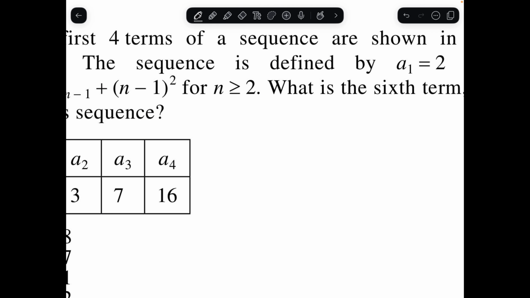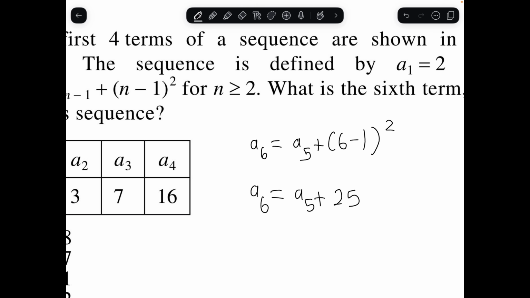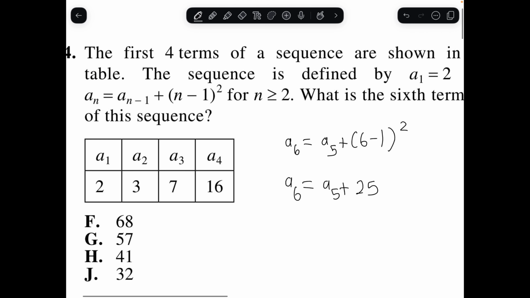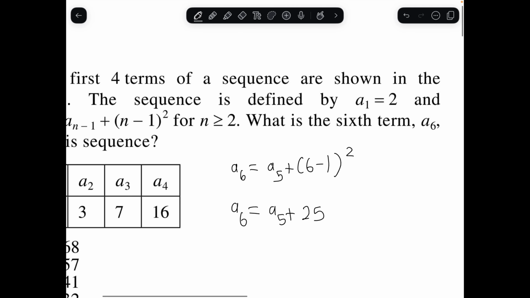So a6 equals a5 plus (6 minus 1) squared, which is 5 squared, which is 25. But now, notice that in the table, it doesn't give us what a5 is, nor does it say it in the problem.